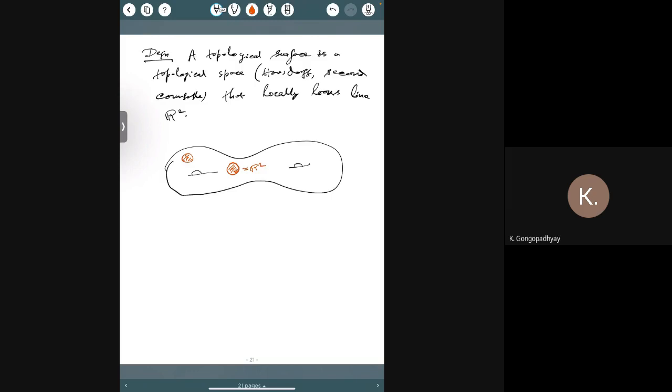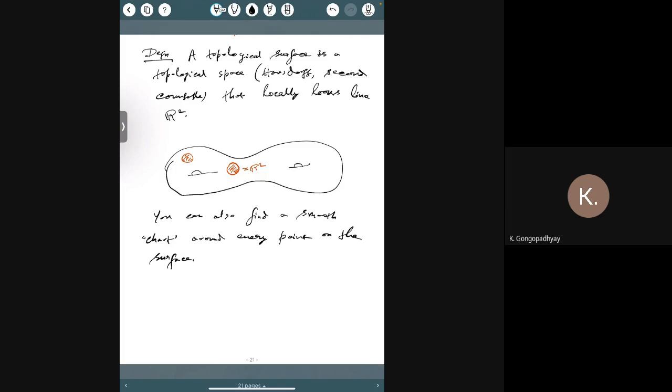All right. And this is also not very difficult to prove using that cutting and pasting method. And actually, you can also find a smooth chart around every point on the surface.